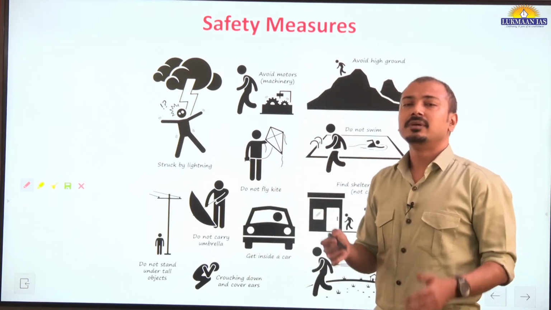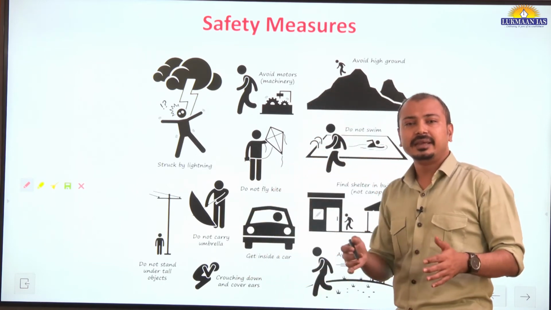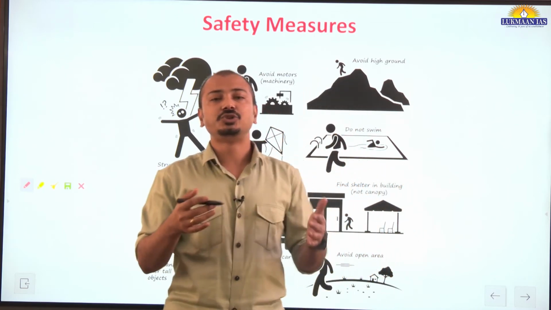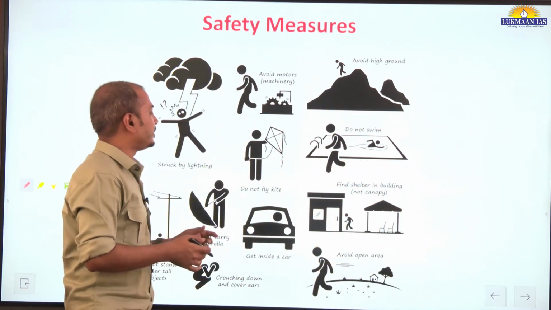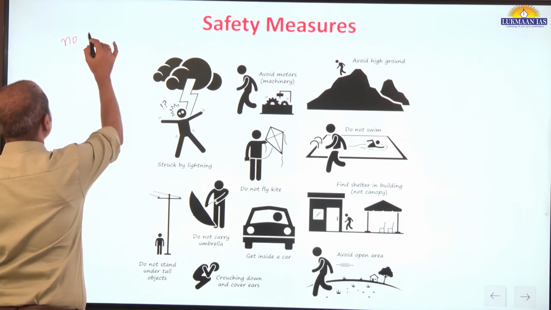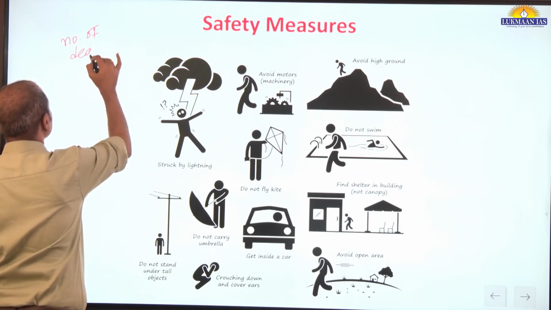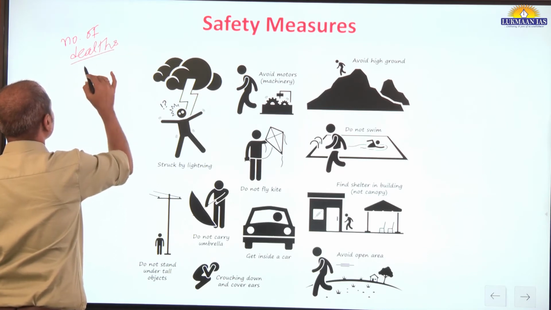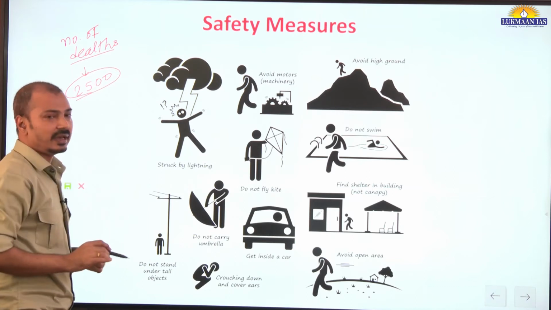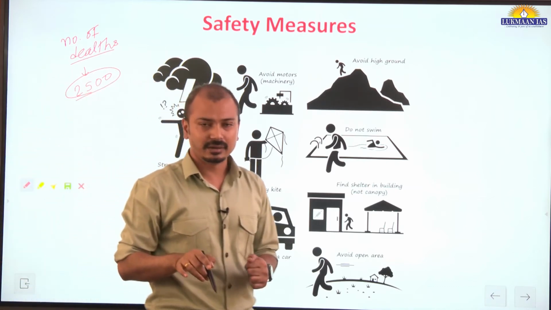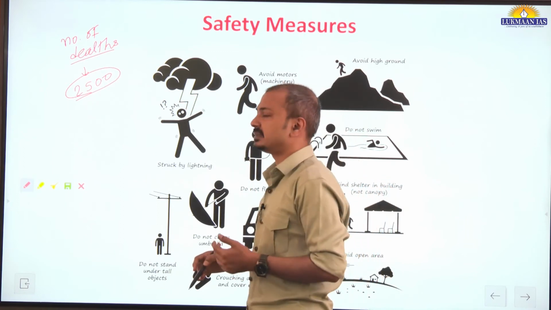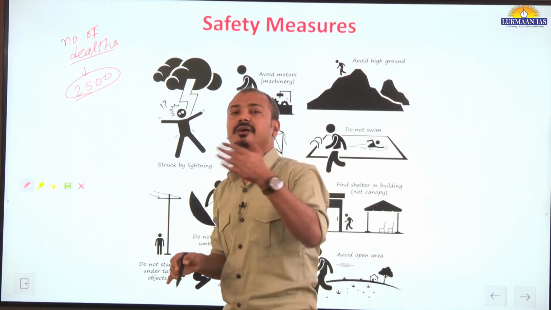From time to time, even in India, the NDMA, National Disaster Management Authority, issues guidelines. At the same time, you should also know the number of deaths happening because of lightning: at present, on average 2500 deaths annually according to NCRB data, because of thunderstorm and lightning.